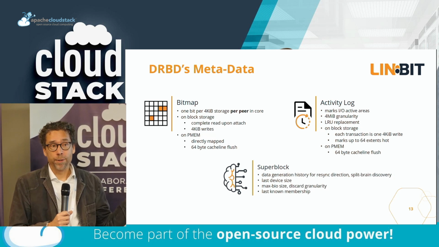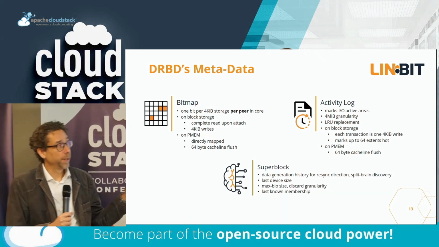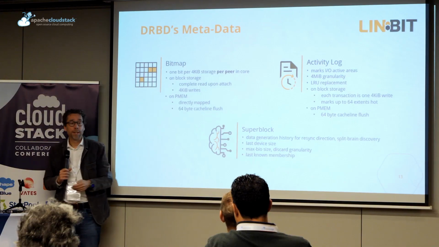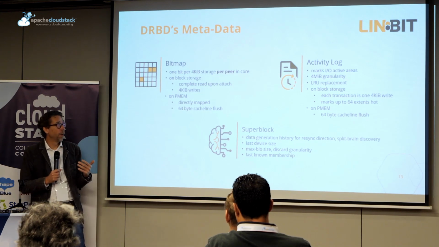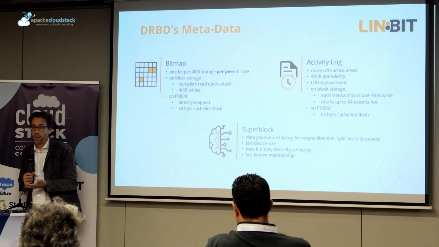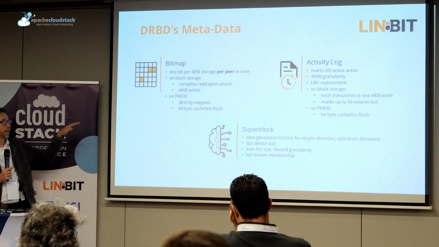We also have it on stable storage in the metadata. And here it makes a big difference if our backing storage is a block device itself, SSD or a rotating disk, or if it's a persistent memory device. Because in case it's a PMEM device, we can directly map it.